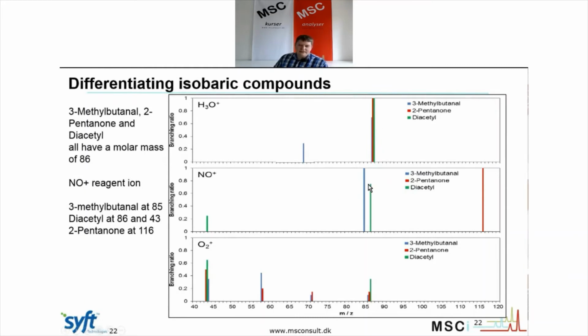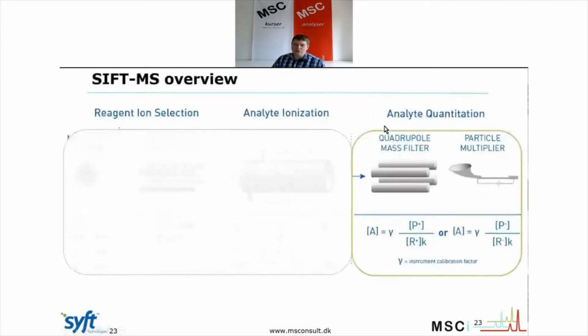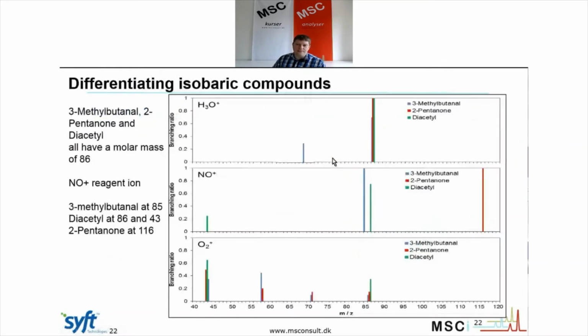If we use a SIFT with H3O+, we won't be able to differentiate them. If we use O2+, you can see as well, they are at the same masses, so we can't differentiate them.